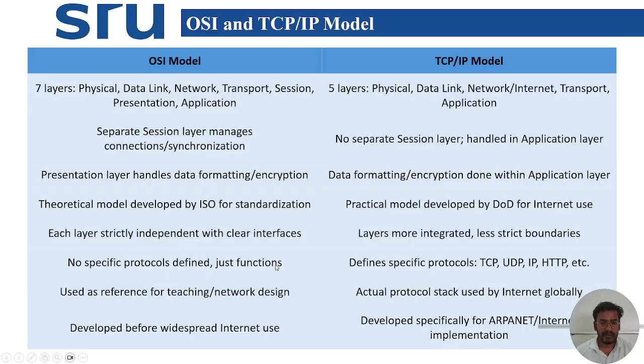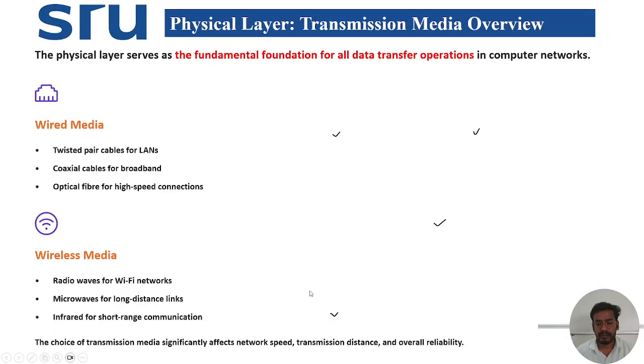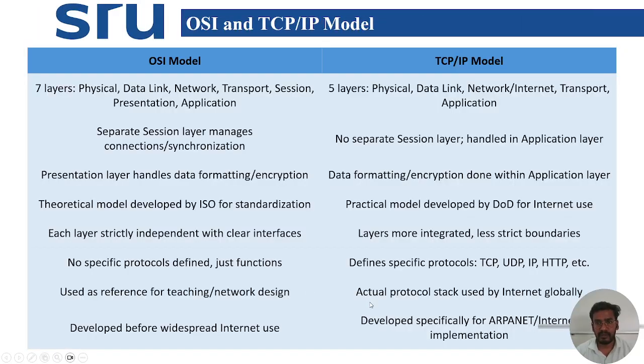Whereas the TCP model defines specific protocols like TCP, UDP, IP, HTTP, etc. The OSI model is used as a reference for teaching network design, and TCP is the actual protocol stack used by the internet globally.